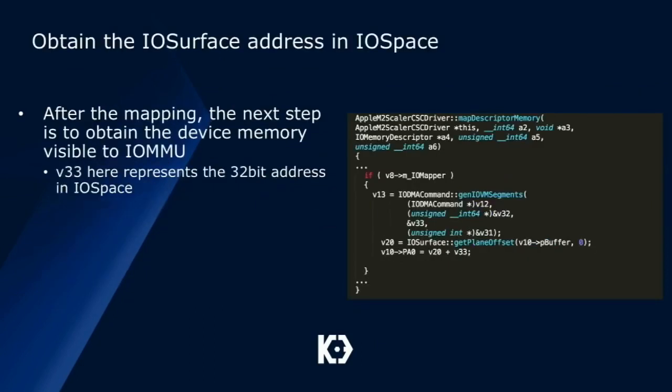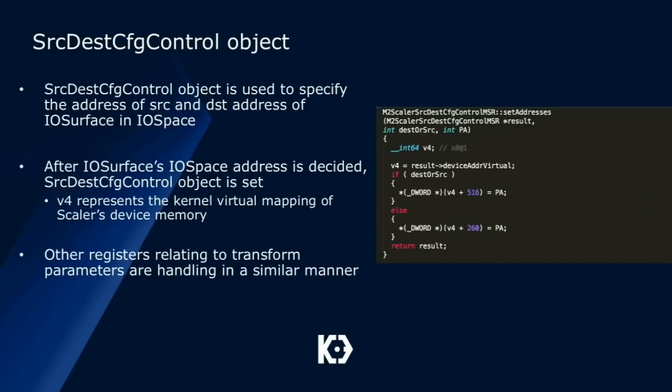The next step is to obtain the mapped IO surface address in the IO space. This is done by calling the function generateIOVMSegments. After you call this function, you obtain that address, and you can notice that v33 indicates the result address, which is 32-bit. After you get the source and the destination IO surface addresses in IO space, it's time to set the scalar device registers.